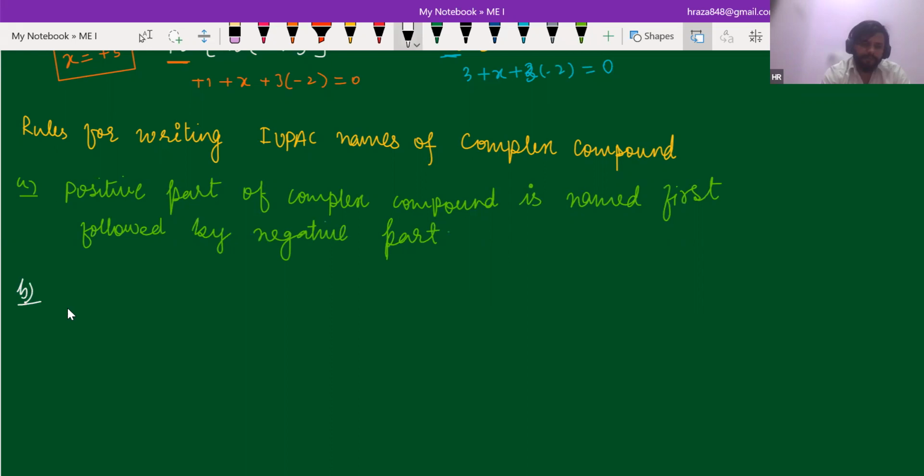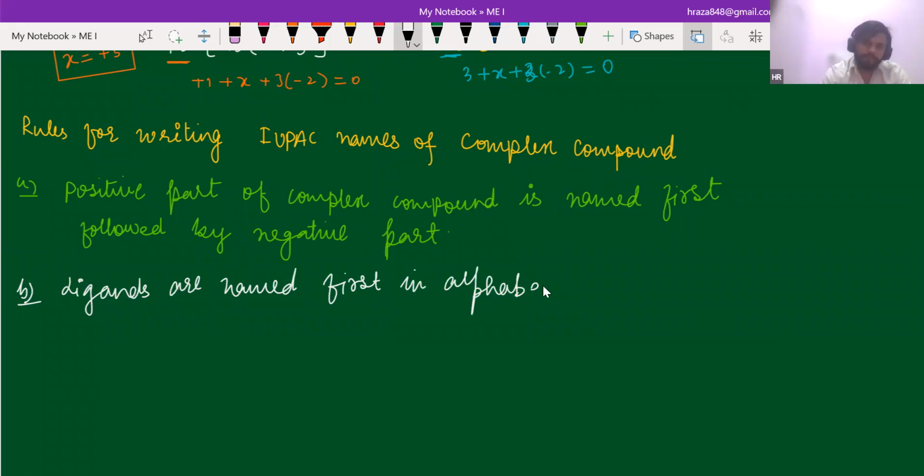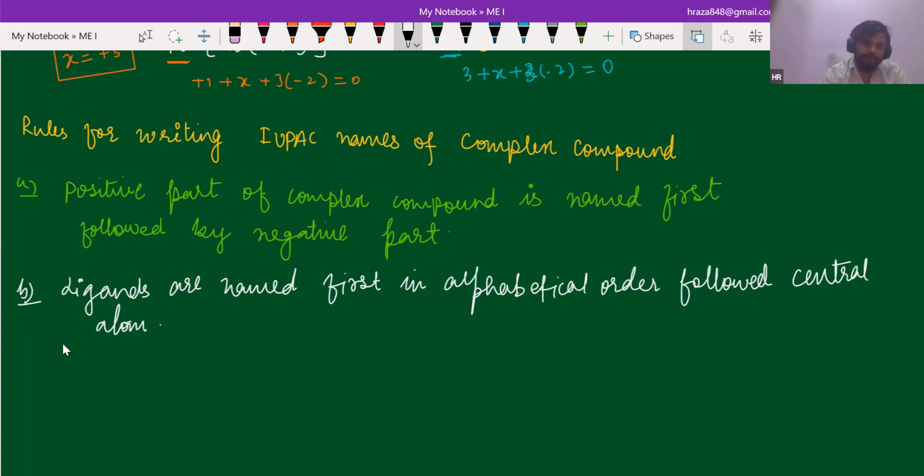After this, ligands are named first in alphabetical order, followed by the central metal atom.